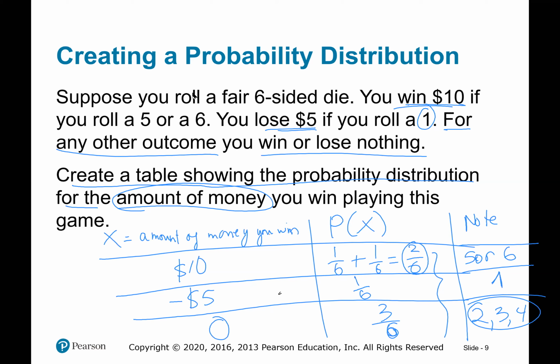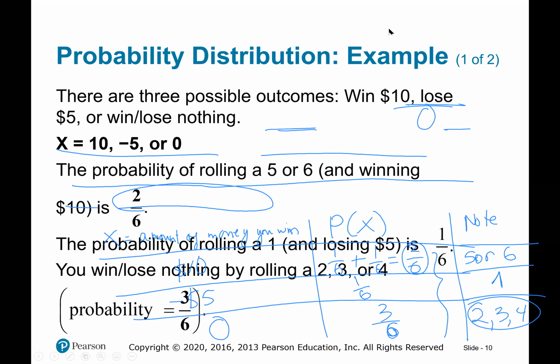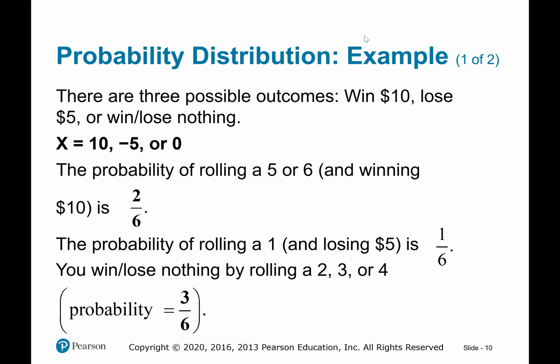We're going to move to the next page to see what they do for this problem. This is actually my solution, but you can see how they did it. Let me clear this. Here's the explanation from the notes. There are 3 possible outcomes: win $10, lose $5, or win or lose nothing.